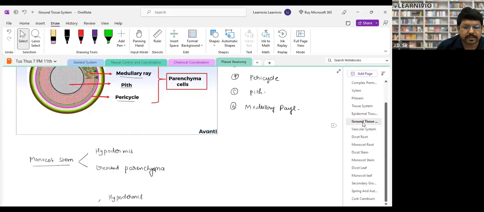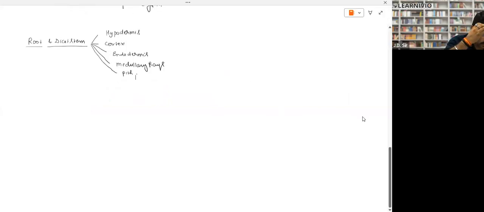Fine. So let's start writing down one by one. What are these structures? First subheading will be hypodermis.